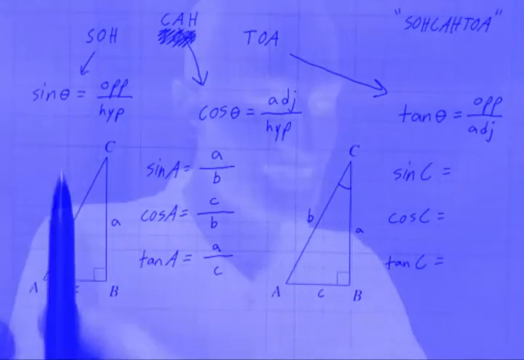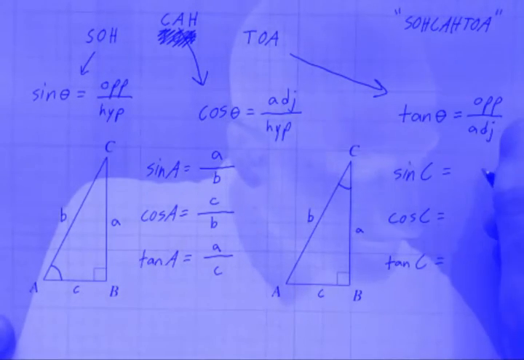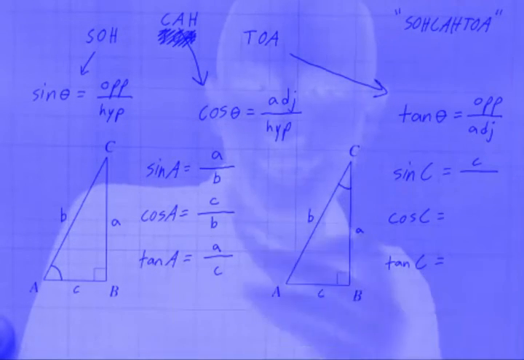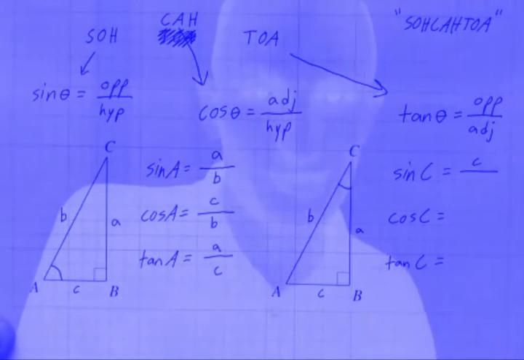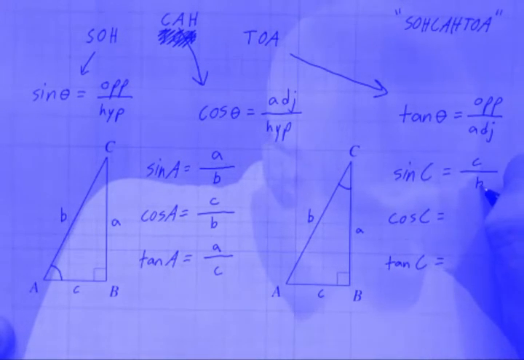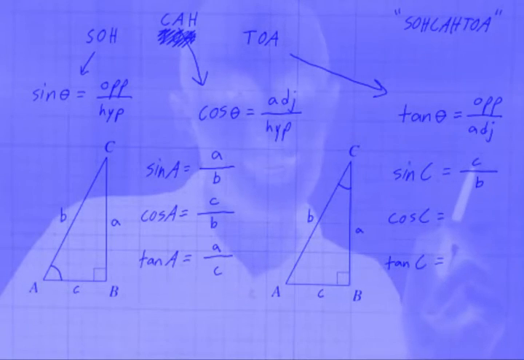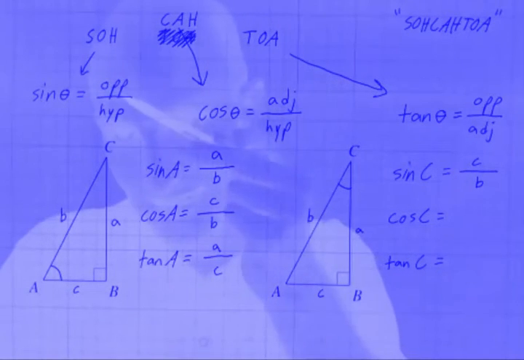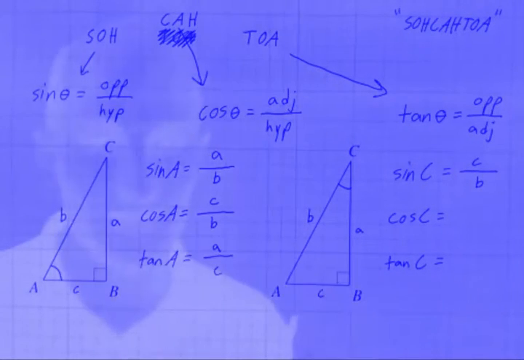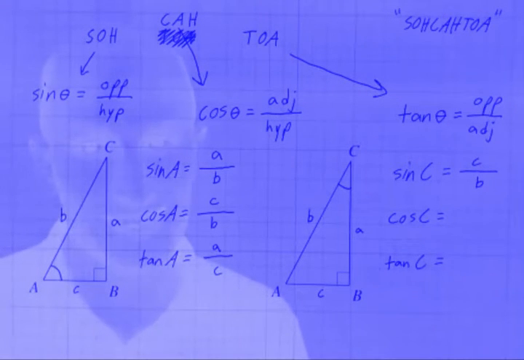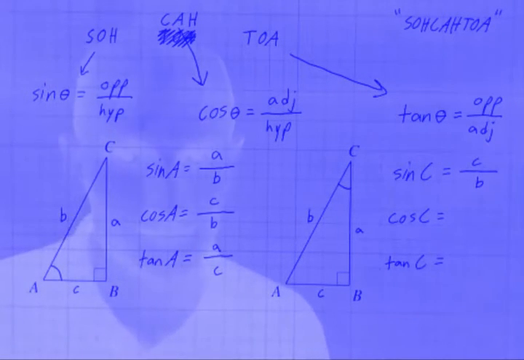Okay, so the sine is opposite, so little c, over hypotenuse. Hypotenuse is still little b. See that? Because the angle changed to C, the opposite is now this side, opposite angle C.